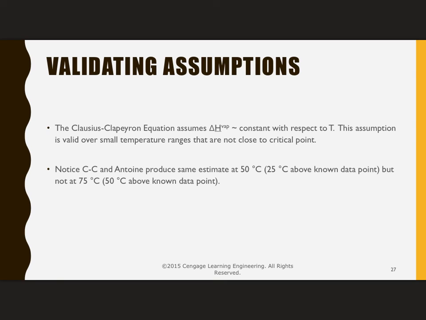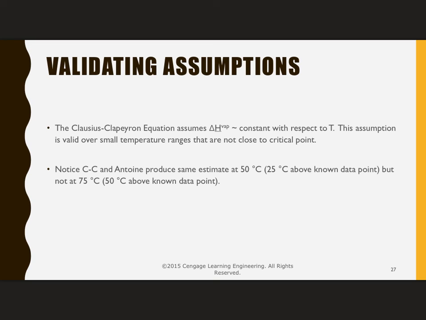So this Clausius-Clapeyron technique should be pretty good for temperatures near 25 degrees C. Now notice that at 50 degrees C, where the Antoine we know is valid, the Clausius-Clapeyron gave the same answer, right? So that's kind of confirmation that this assumption really isn't that bad.